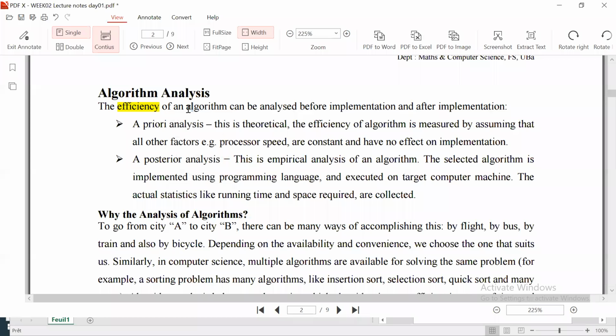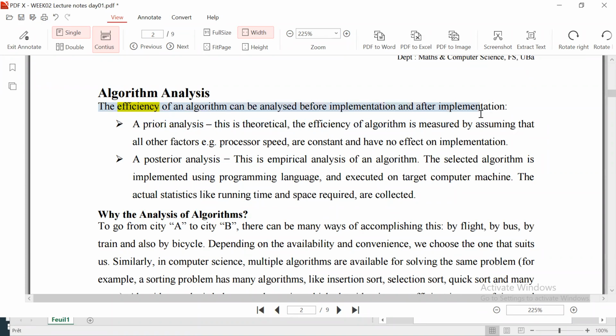One is taking too long to execute. Another one is occupying much memory. But at the end of the day, you need to select an algorithm that is very efficient in terms of memory usage and in terms of processor time.